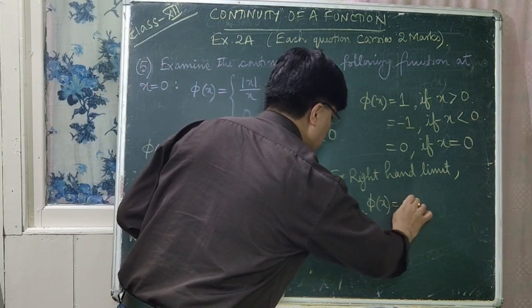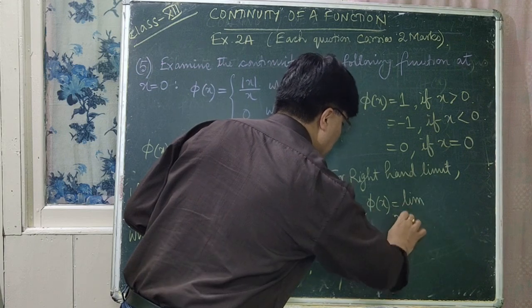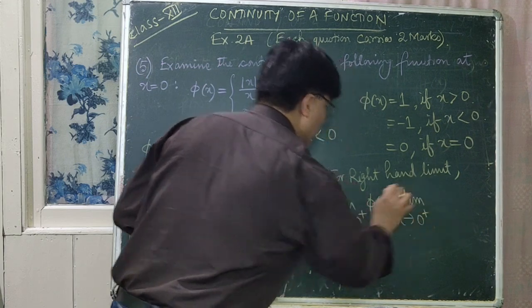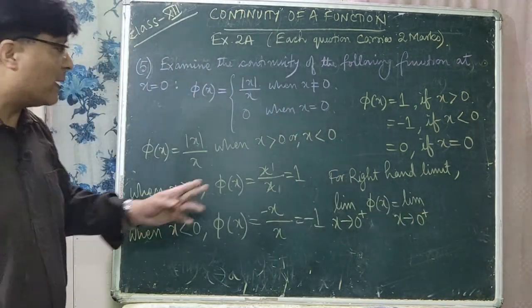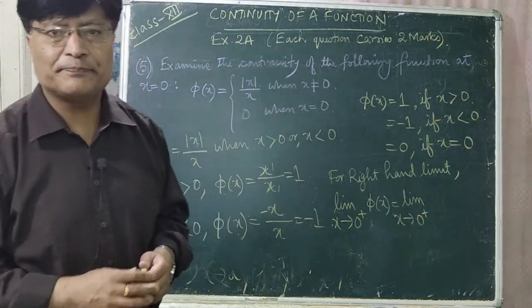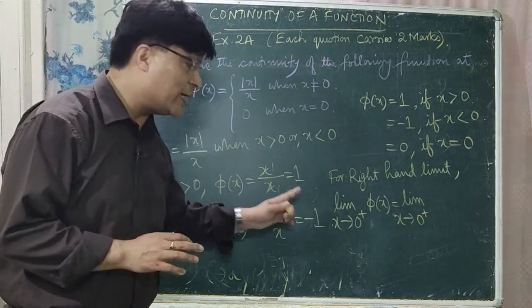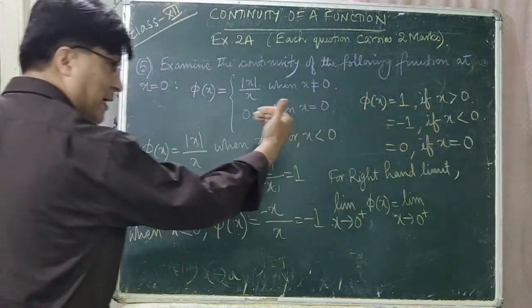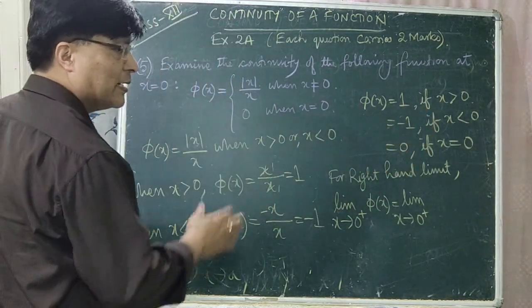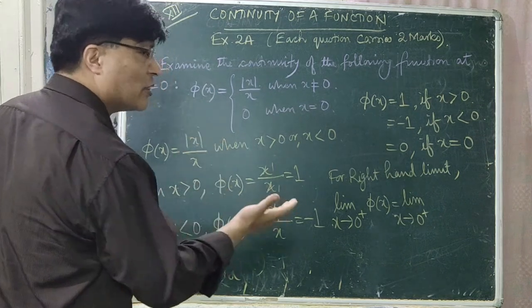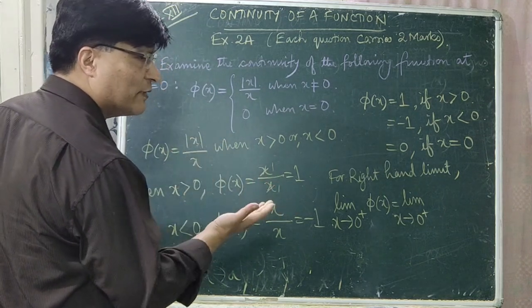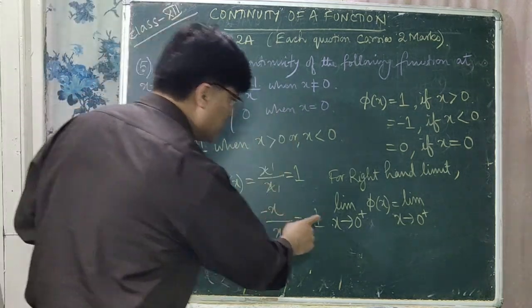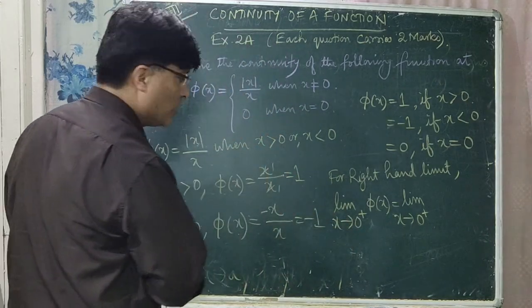What is meant by x tends to 0 plus? X is approaching towards 0 from which side? From the right hand side. And on the right of x is equal to 0, all the values of x are greater than 0. That means it indicates x greater than 0.